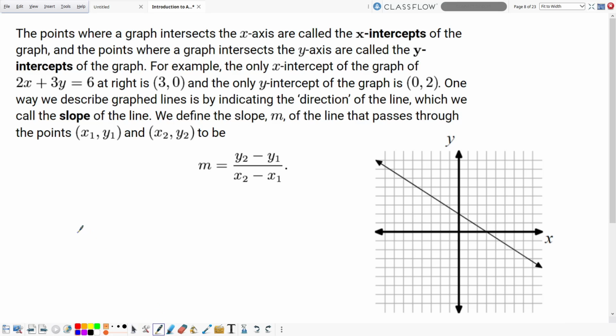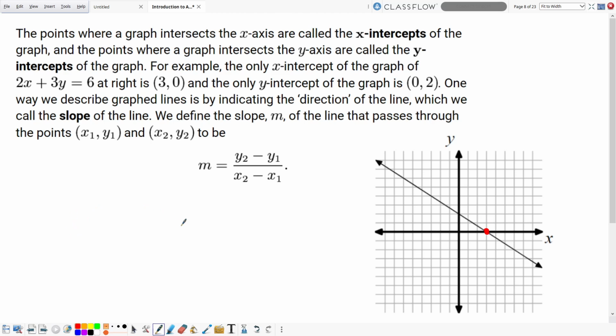So, with our lines, we'll get what are called intercepts. Where our line crosses or intercepts the x-axis, that point is called our x-intercept. So if I look at this line, it crosses the x-axis at that red point.